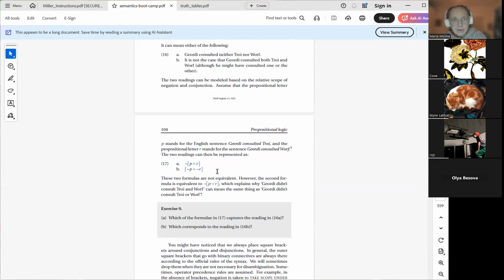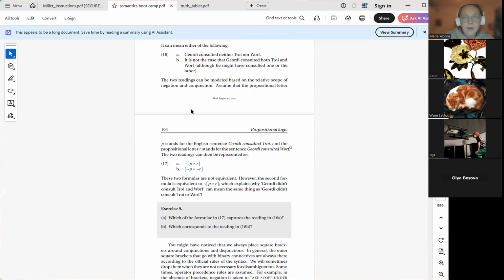So Jody consulted neither Troy nor Wolf. An example over here in 16, right? So 16A goes for 17B. Am I correct? Yes.